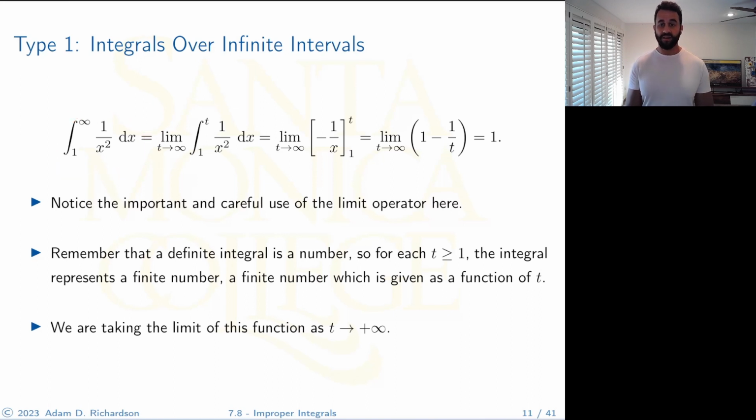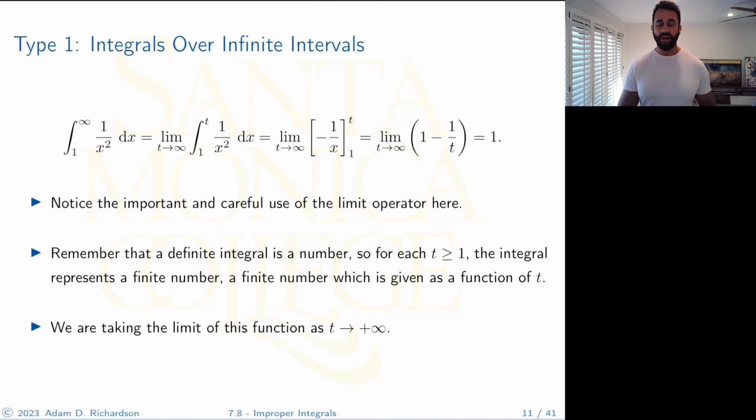It's a limit of numbers. It's a limit of finite numbers. And if that limit of finite numbers converges and goes to something, then we can talk about what the actual value of this integral is. So it's very important to use the limit operator and to use it carefully. I'll just reemphasize this. Remember that a definite integral is just a number. So these things right here are just numbers.